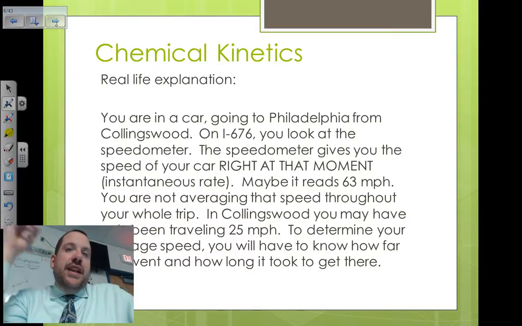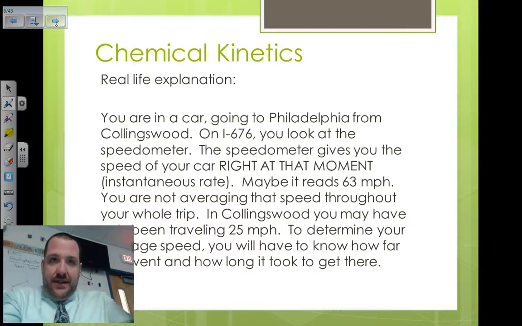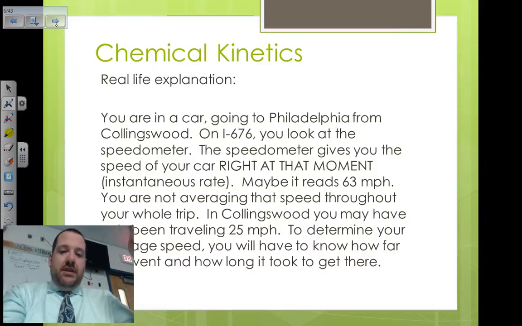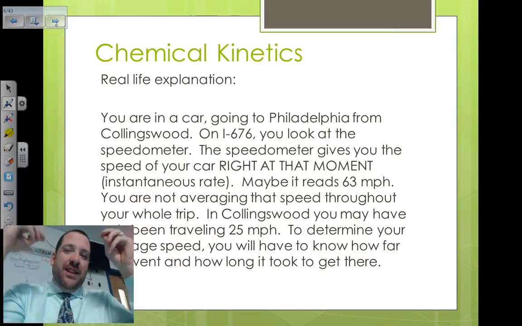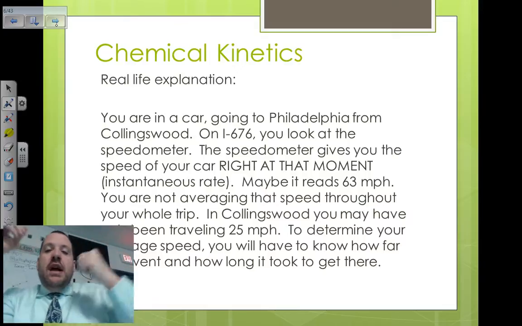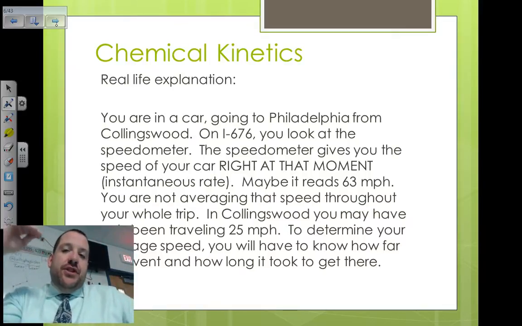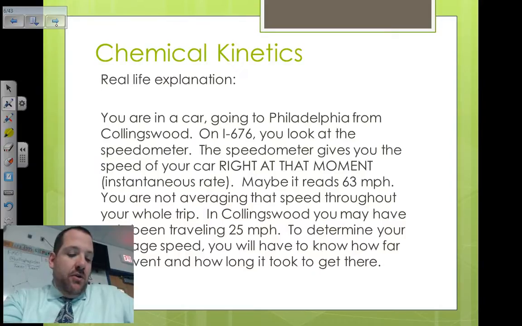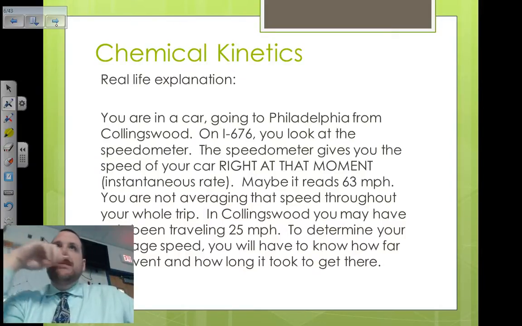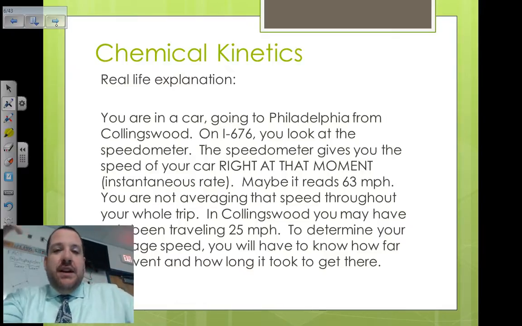The point is that the instantaneous speed, the instantaneous rate, is looking down at the speedometer. I look down at the speedometer, I see how fast I'm going right this second. Whereas the average speed is the speed that I'm averaging over the whole trip. So while my average speed may be 25 miles an hour or 32 miles an hour, I am not traveling at 32 miles an hour the whole trip.